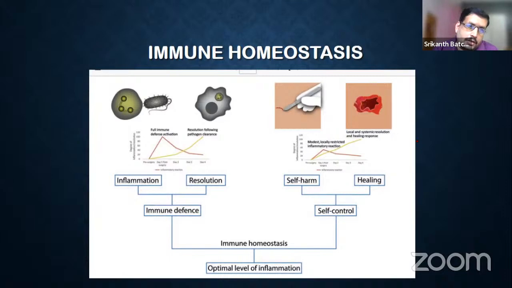If you see on the y-axis, that is the degree of the immune response. A full immune defense activation occurs in response to a pathogen, followed by resolution following pathogen clearance. If you see the graph on the right, the peak of immune activity is not so high compared to the pathogen. This is due to some local trauma or a surgery. It should ideally be a locally restricted inflammatory reaction, and the resolution should be good enough.